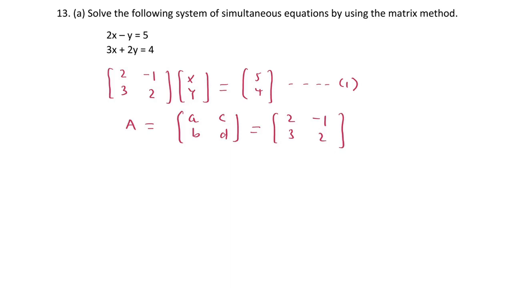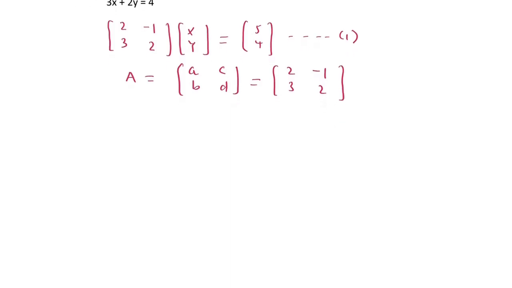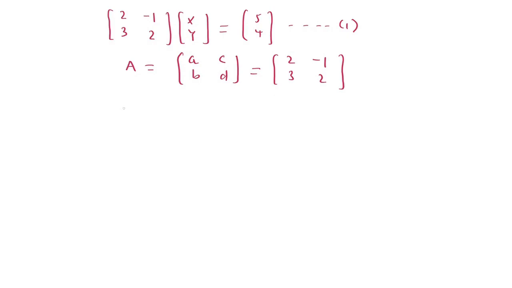To find the inverse of a matrix A, we are going to use the following relation, which says A inverse equals 1 over ad minus bc times matrix d, negative b, negative c, a, of which this matrix is the adjoint of matrix A, which is obtained by exchanging the elements of the main diagonal and negating the elements of the leading diagonal. Now let us substitute these values into our formula.